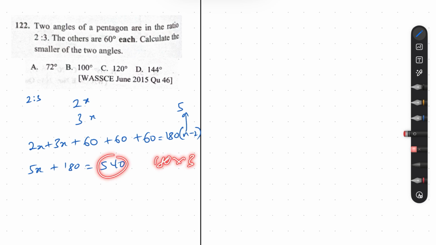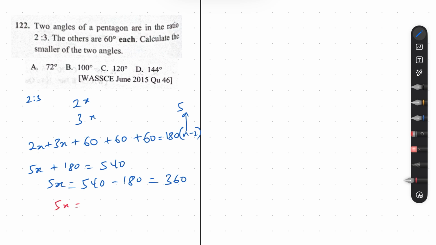So 5x is equal to 540 minus 180, which is 360. We divide both sides by 5, and the 5 cancels out. Then we would have x equal to what?